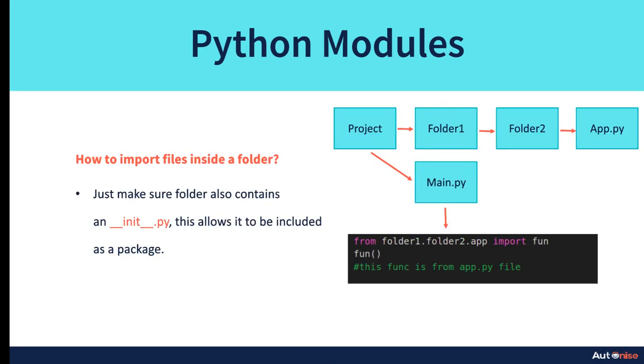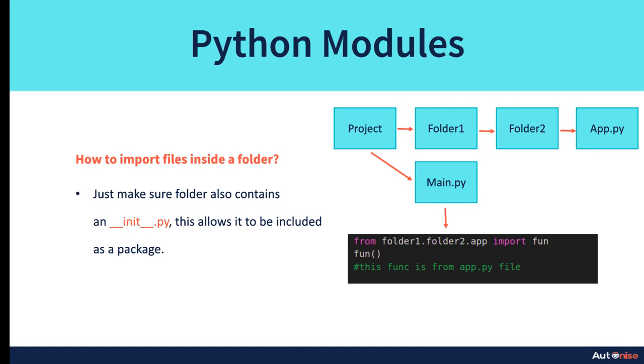Similarly, right now what we did was we had the files in the same folder. What if we have these files in different folder structures? Imagine there's a project folder and inside it there's a main.py file and inside the folder 1, then inside that folder 1 there's a folder 2 and inside that folder 2 there's an app.py file. Now you cannot directly say from app import function.